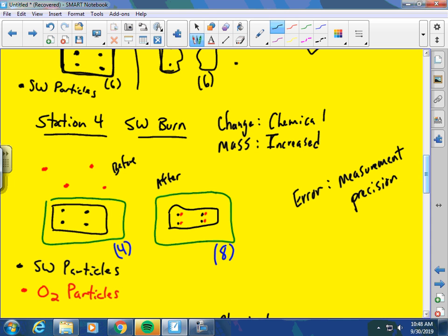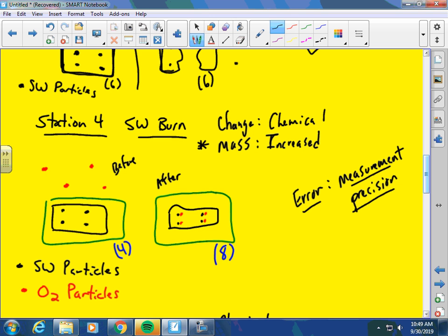This is an important example because you guys are going to see this on your quiz. This is the only station really where the mass may have increased. I know it didn't really with our data, but we were dealing with small amounts, and there's always going to be some error with measurement and precision.